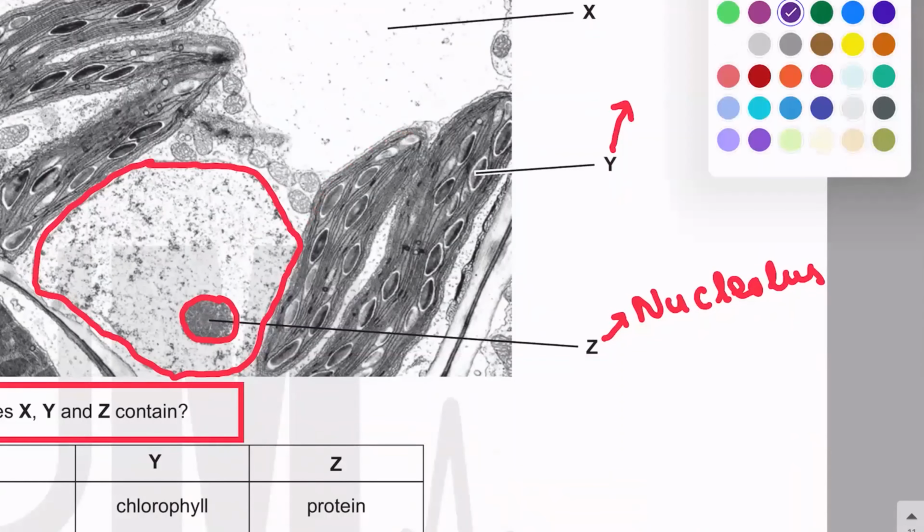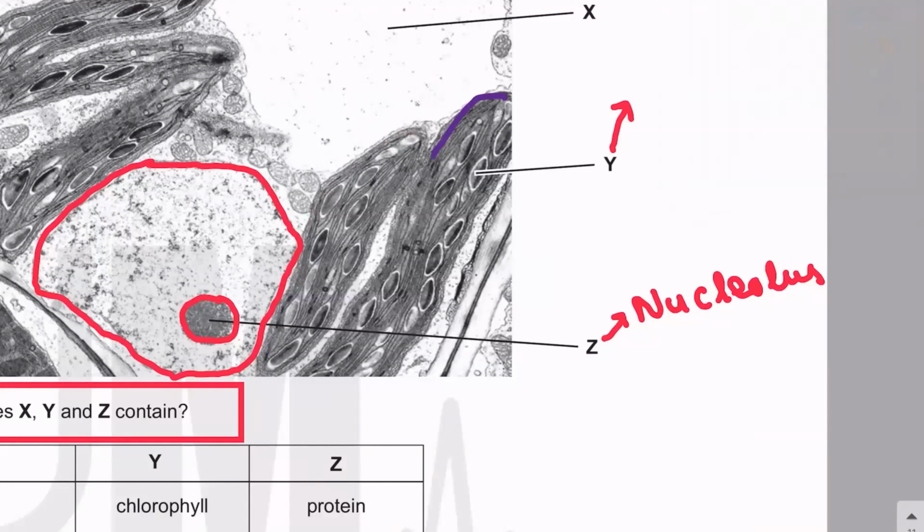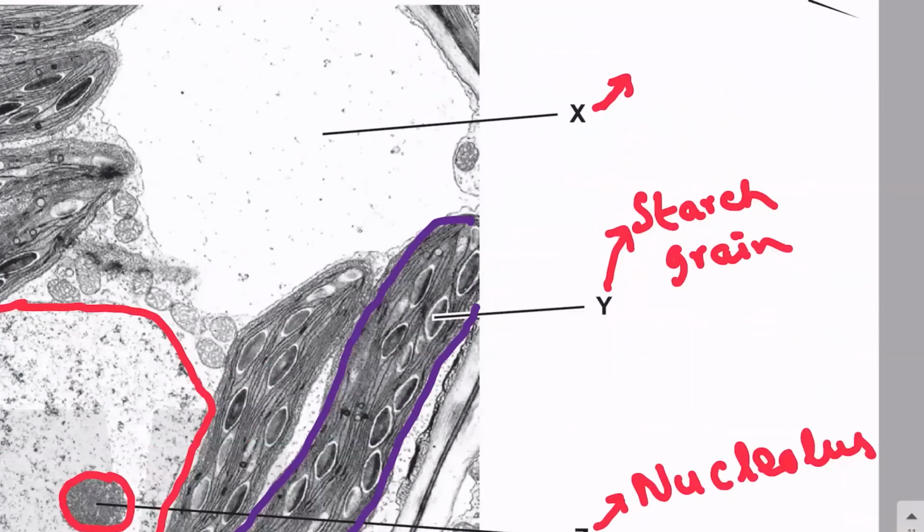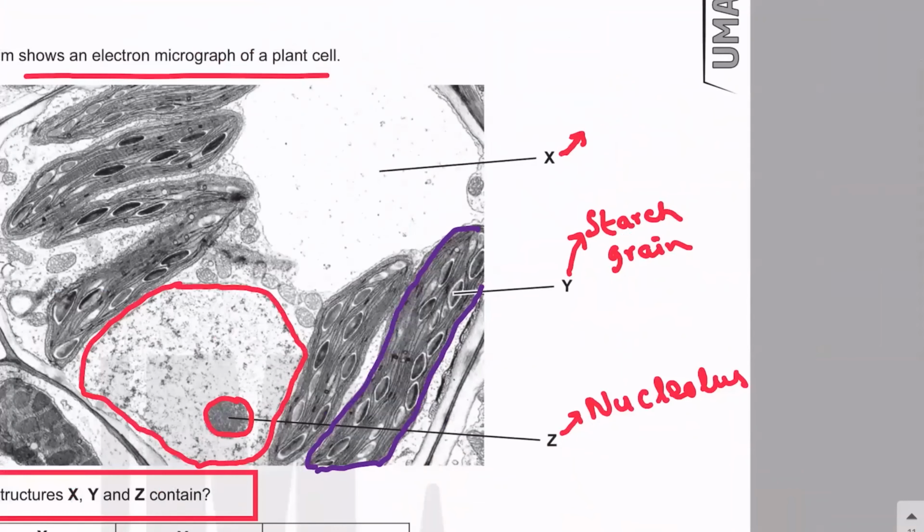Wait, let me highlight it with a different color. This structure is the chloroplast. And what do you think? Starch. Very good. So Y is the starch grain. Okay. What about structure X? According to the table, it's mineral ions.